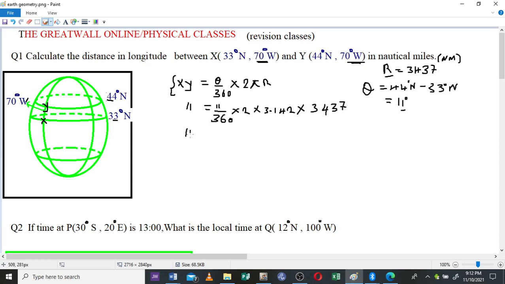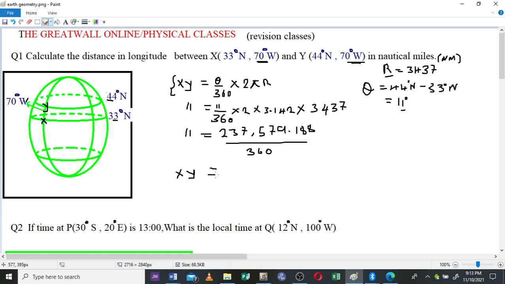Now if you use your calculator, make sure you use your calculator and confirm this number, that's 0.188. Now this is not your answer. Remember, you have to divide this by 360, which will finally give you the distance.